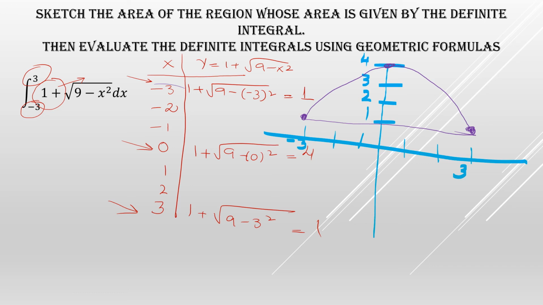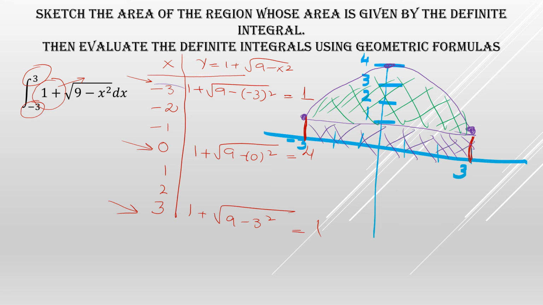So the next thing is make a contact with the x-axis by drawing a straight vertical line. Now here it is very obvious that you have two figures. One is the semicircle which I am shading with the green pen, and the other one is your rectangle which I am shading with the purple pen.